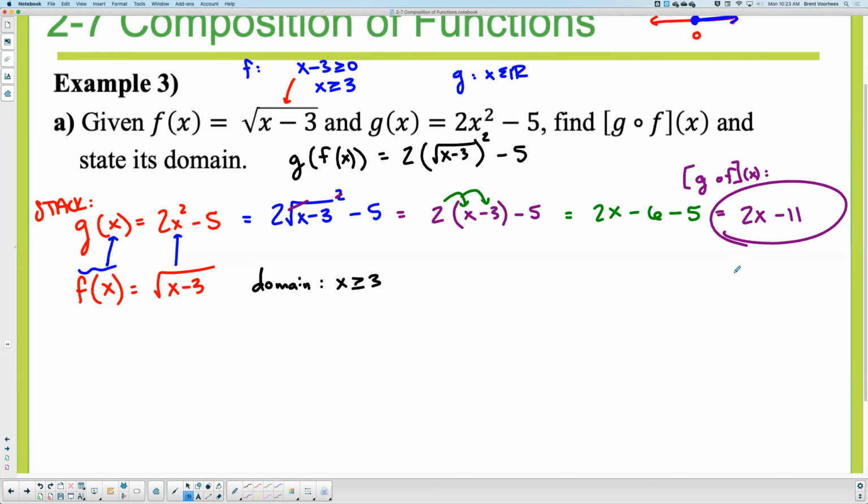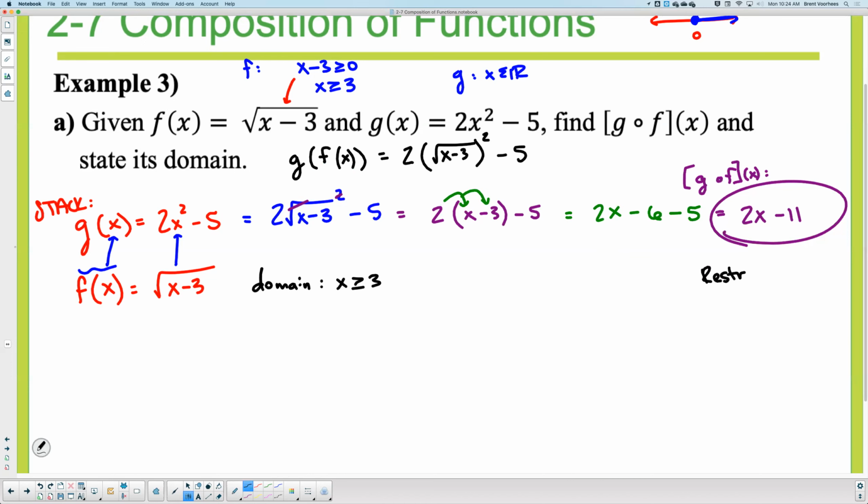Now, the domain. This is why I like stack, because what you do is you find the domain at each step. Would this lose any domain values? No, that looks like it's all reals, but it's not all reals. What's the domain? It's already restricted. It was restricted at this previous step.